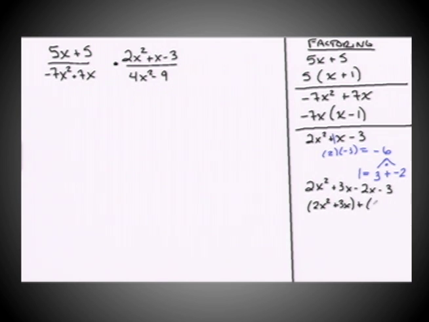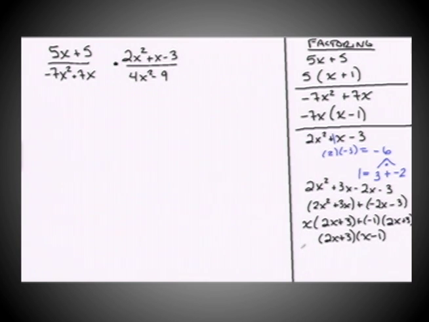And I'm going to group these last two terms, and they will have a common factor of negative 1. So now I'm just going to factor those GCFs out. So we have x times 2x plus 3, and factor out a negative 1 here, and we're also left with 2x plus 3. So that trinomial factors as 2x plus 3 times x minus 1.